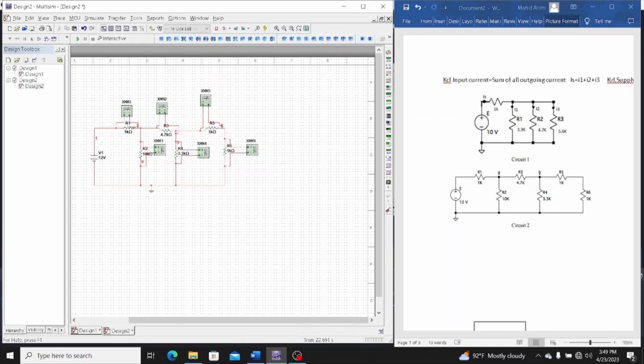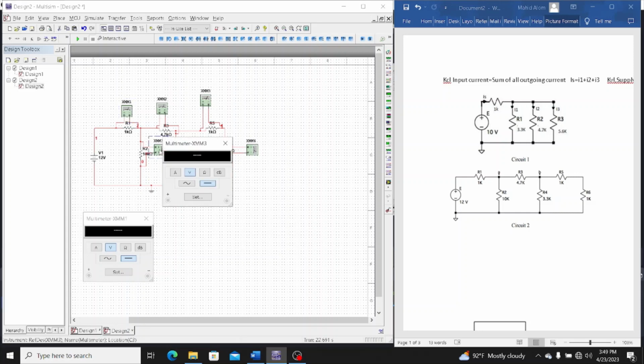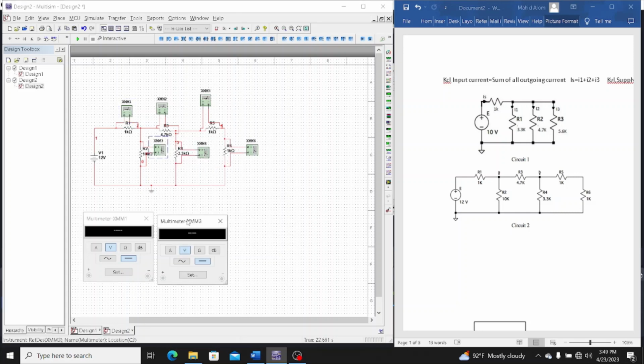To determine voltage I have to connect them in parallel, because in parallel the voltage will be the same. So my circuit is done. Now I am going to run it, but before that I just need to take all of this.